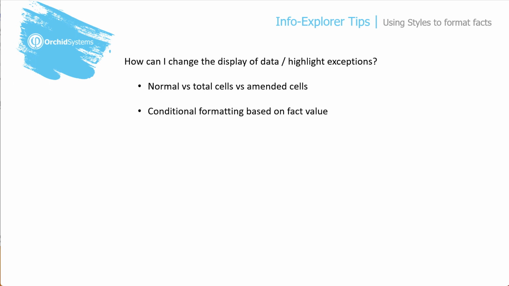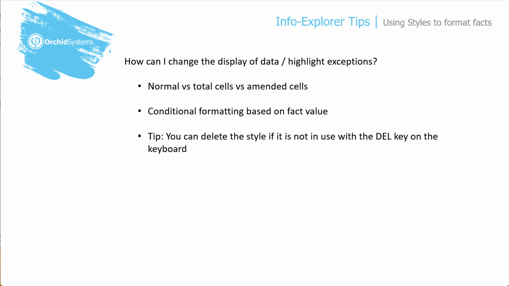And we're going to look at creating styles and applying them to either normal cells, total cells, or amended cells, or even conditionally based on the fact value. And we're going to also look at, if you've created a style and it's not in use, how to delete it. And the examples we're going to do is some traffic light reporting, how to round decimals, and how to highlight which budget figures have been amended.